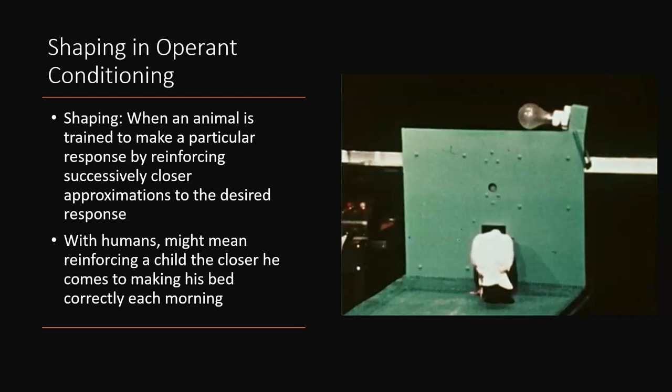Then by using really, really good timing, what he has in his hand is a button that delivers the food, activates the light, and tells the bird that there's a reinforcement available. So he catches those little moments of that behavior that he's looking for, and then consistently increases the amount of the behavior that he wants. And that's really the essence of shaping.